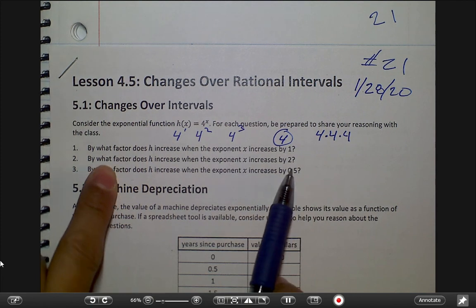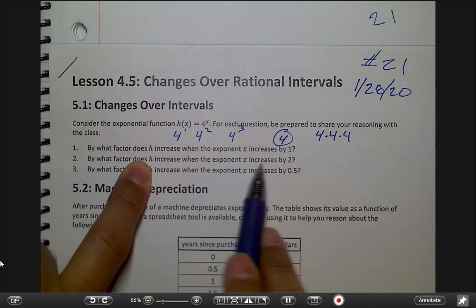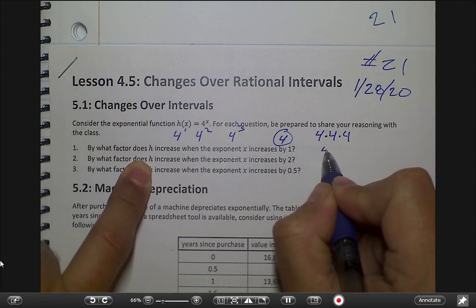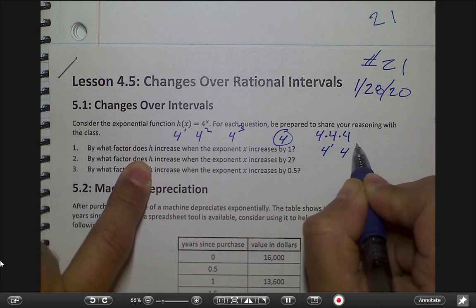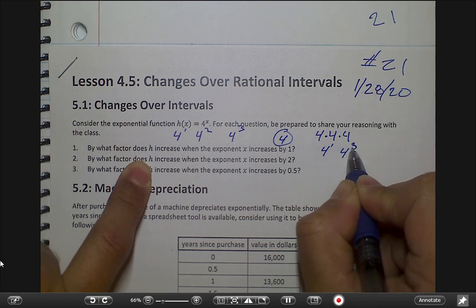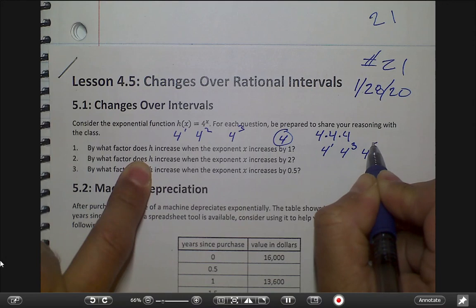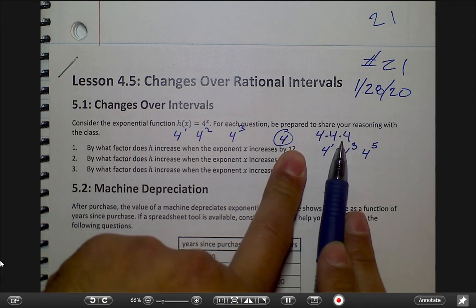Now for this one right here, it says increases when the exponent x increases by 2. So let's say that is going to be 4 to the first, and then if I increase by 2, that's 4 to the third, and then it's 4 to the fifth. Again, I'm going to write it out kind of like I did here.